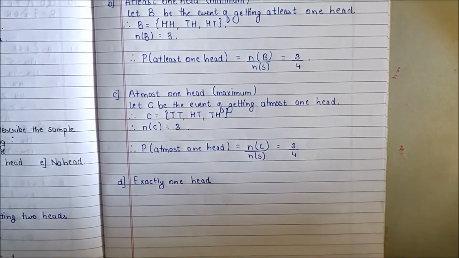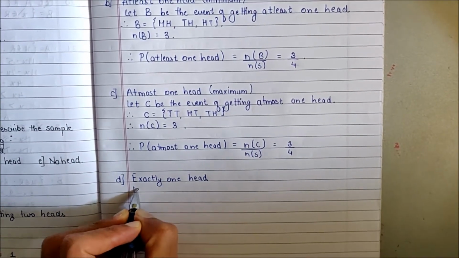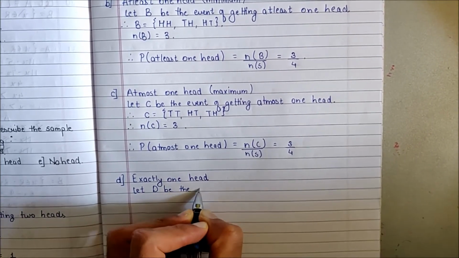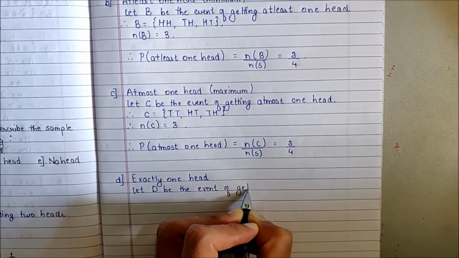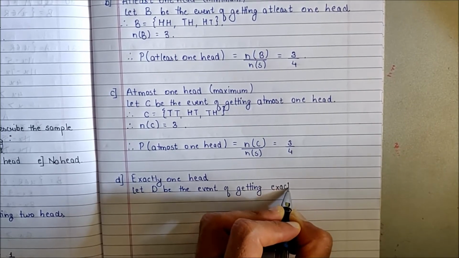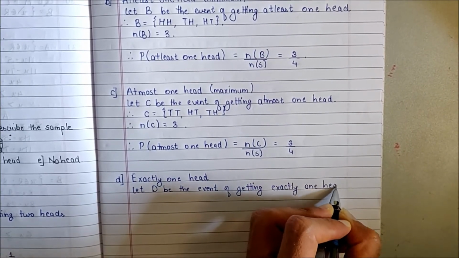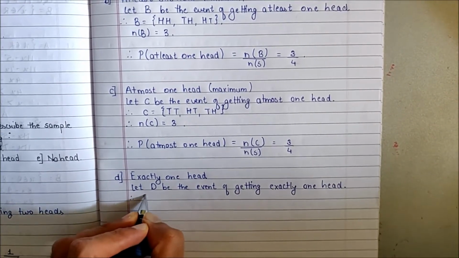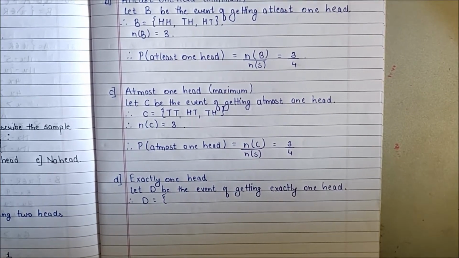In the next question they have asked you to find the probability of getting exactly one head. Let D be the event of getting exactly one head. Therefore event D, exactly one head, is what? Exactly there should be only one head.